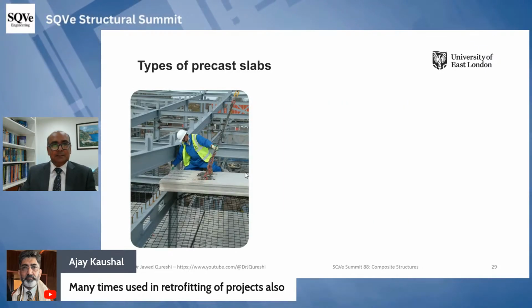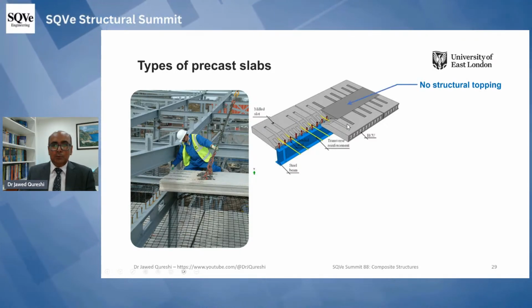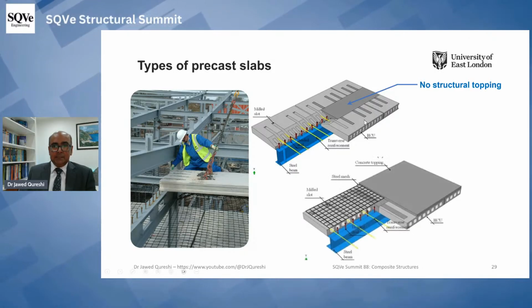The type of precast slabs, we have mainly two types, where we have no structural topping. We have these sections which we put on top of the beam, and then we pass this transverse reinforcing bar about 20 millimeter, and then we pour concrete on top of that.